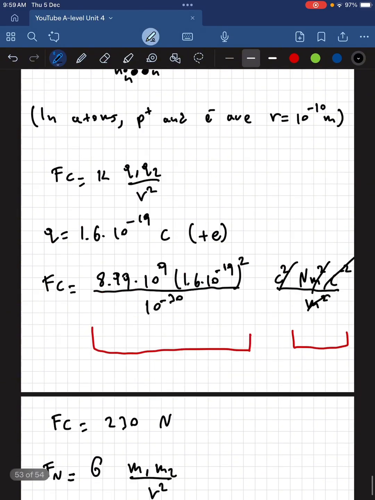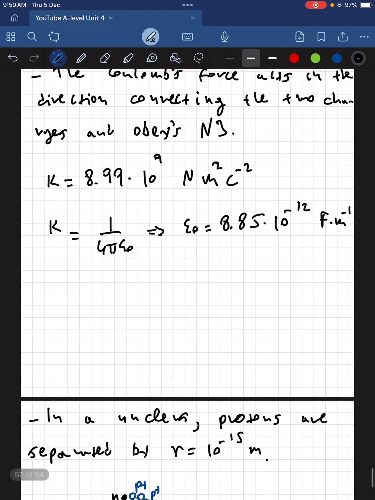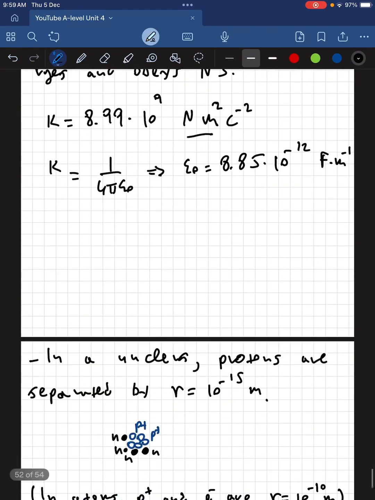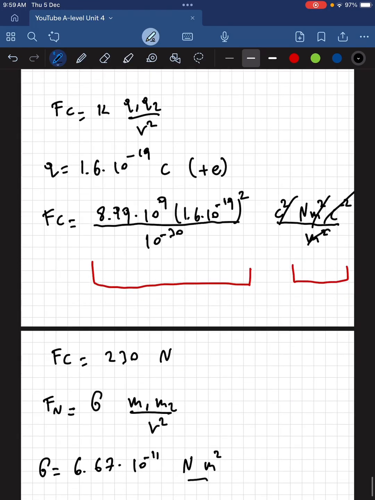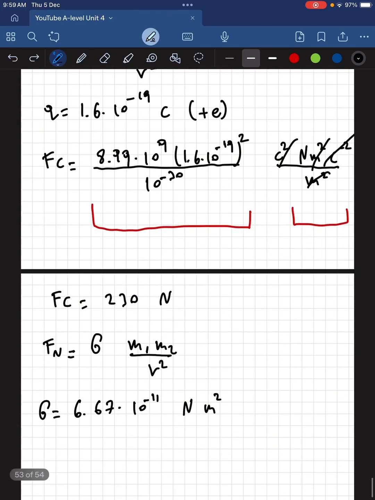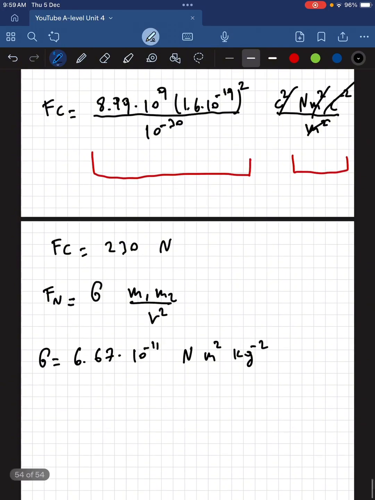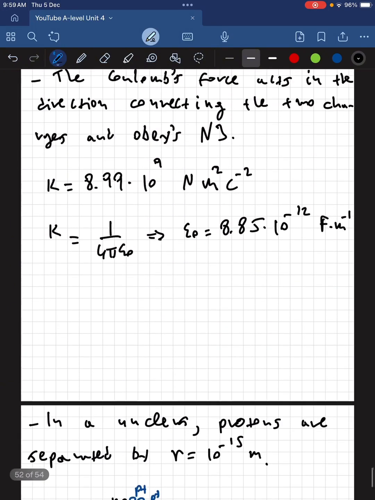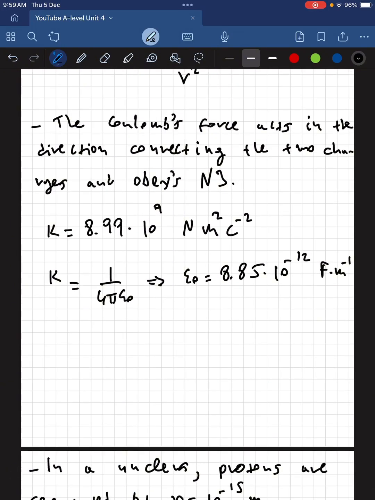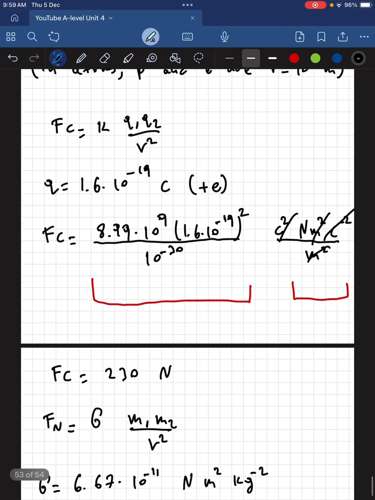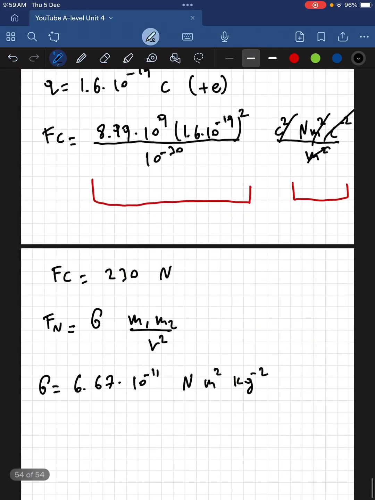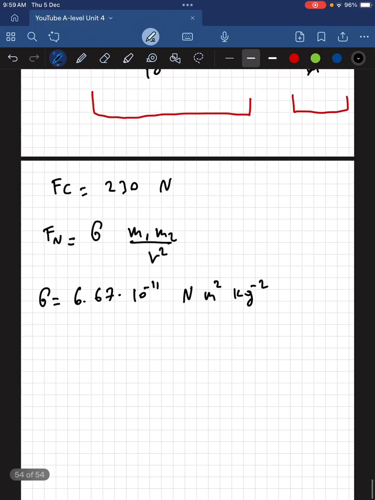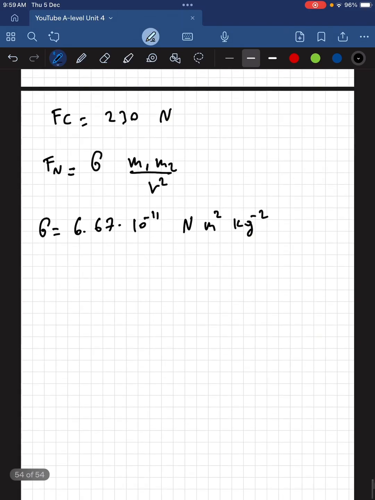So up to this point, we have the same units between K and G, okay? But then instead of coulomb squared here, we have kilograms to the minus 2, right? So just by inspecting the constant, we see that this is tiny compared to the electric constant.